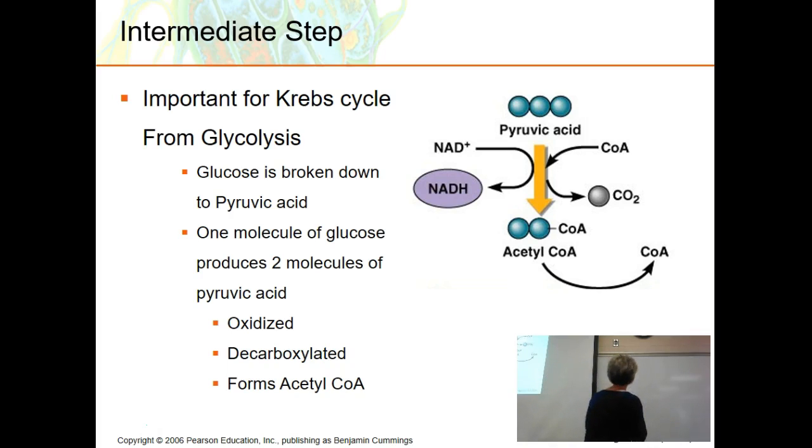So if we're looking at the big picture, we're going to start with glucose. We're going to break that down into pyruvic acid, which then gets broken down into acetyl-CoA, and that enters into the Krebs cycle.